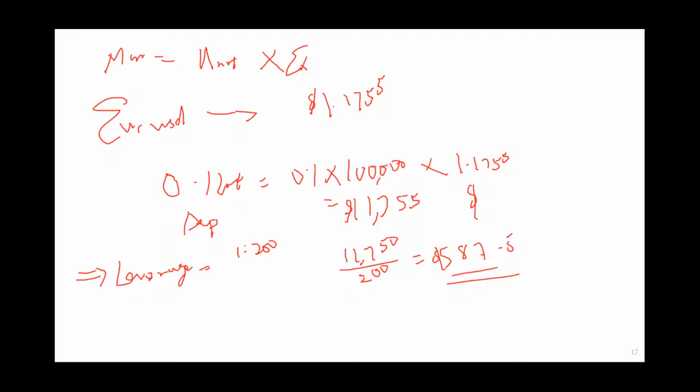All right. So we talked about that. Another thing we talked about was the margin used and the margin unused. Your unused margin, or free margin, is equal to your balance minus your used margin.